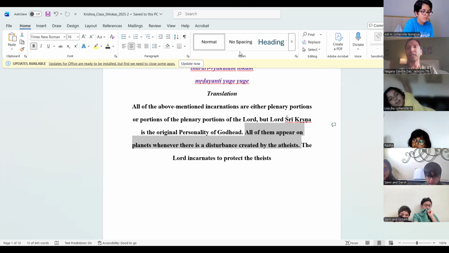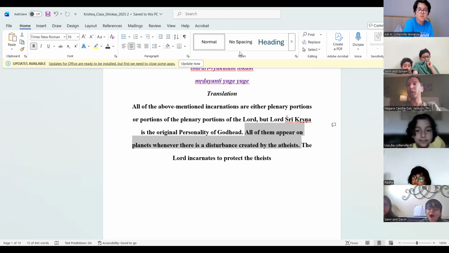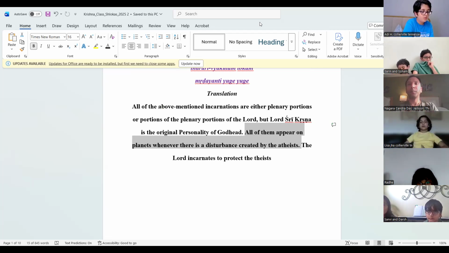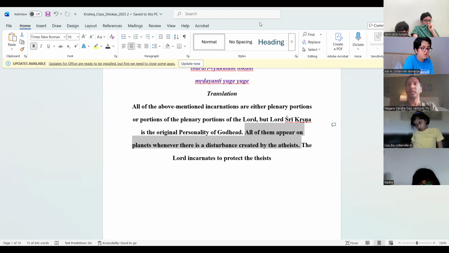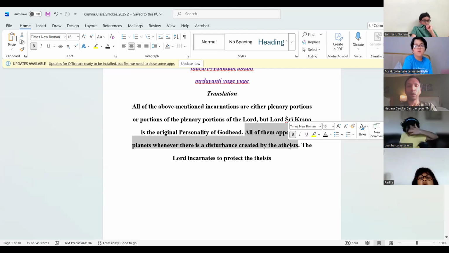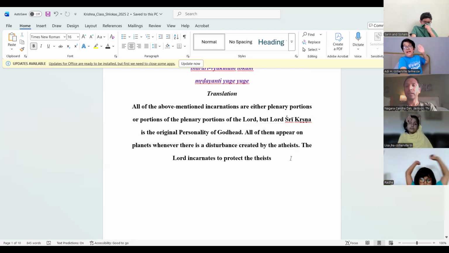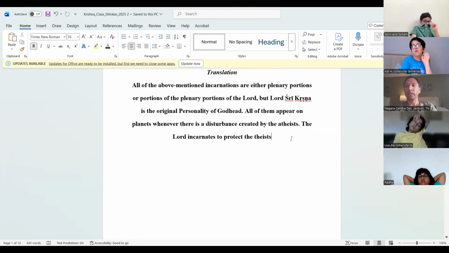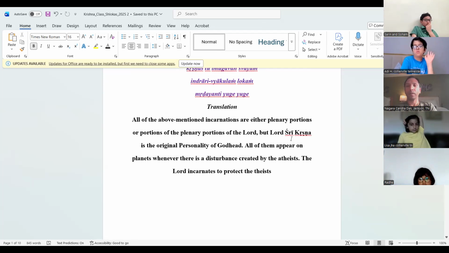And Paritranaya Sadhunam, he says Paritranaya Sadhunam Vinashaya Cha Dushkritam, to annihilate the miscreants and to uplift the theists, the devotees. He appears. So those shlokas talk about the appearance of the Lord, the Lord incarnating to protect the theists. So it is saying the same thing as those shlokas from Bhagavad Gita, but this is from Srimad Bhagavatam.